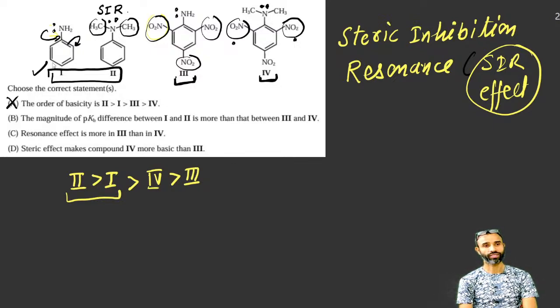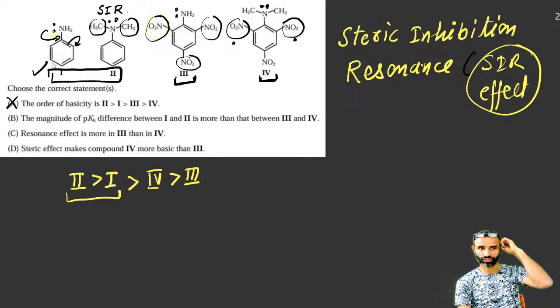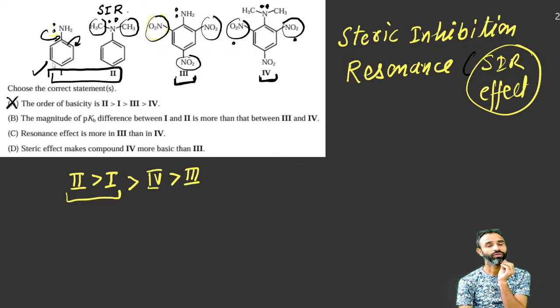Okay, so let us discuss the third one. Resonance effect is more in third than in fourth. It's true, because in fourth case, due to this SIR effect, resonance will decrease.